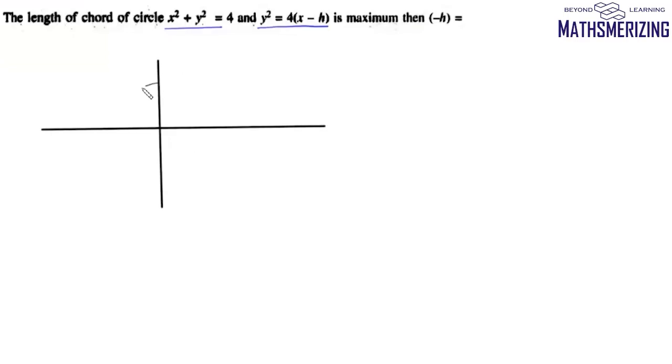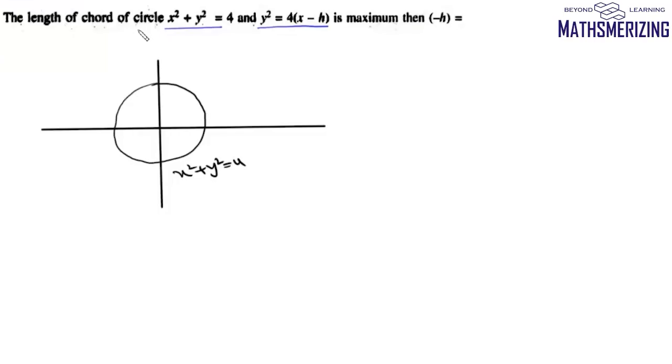Now here the question is, the length of chord of the circle and the parabola y square equals 4(x minus h) is maximum, then we need to find the value of minus h. So we are given this fixed circle, which is x square plus y square equals 4.